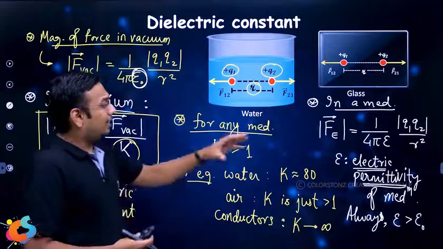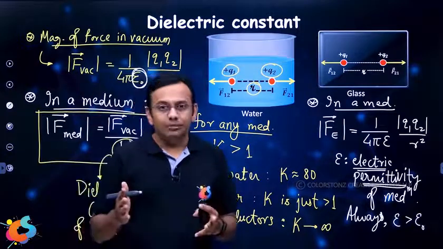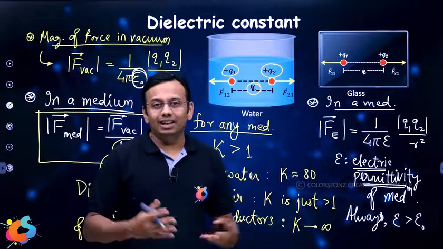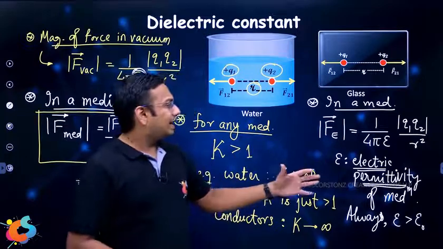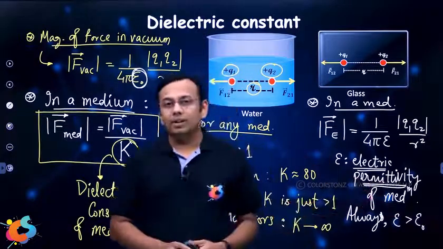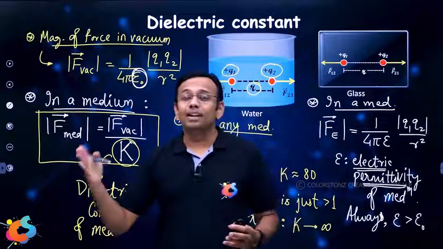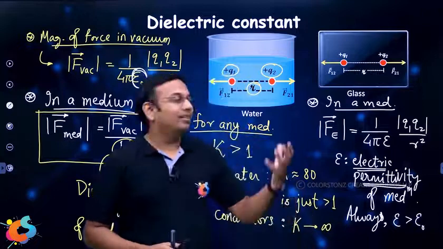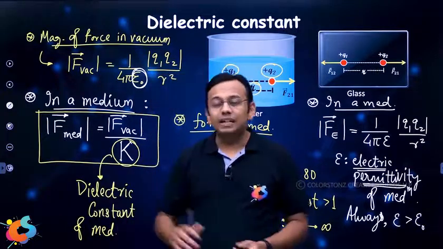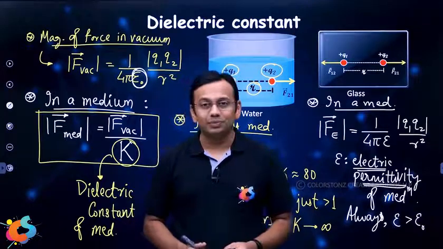If we compare permittivity to density, or let's say refractive index, which you've learned about in 10th class, then just like for light, in vacuum it travels the fastest, but in a medium the speed of light slows down. The same way it is happening for electric force. In vacuum it is highest, in a medium it reduces by some factor.